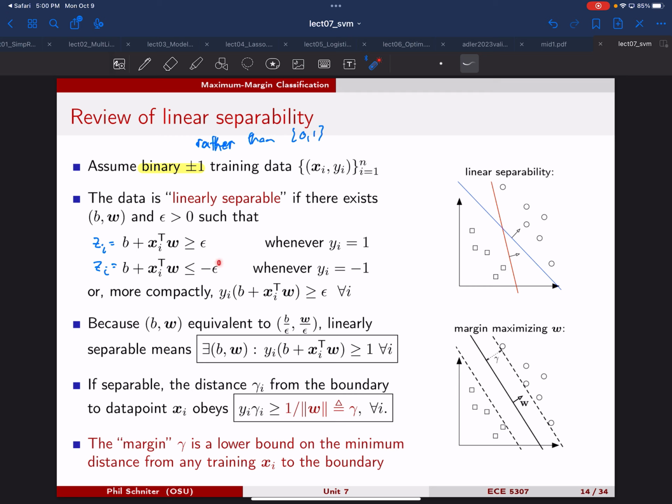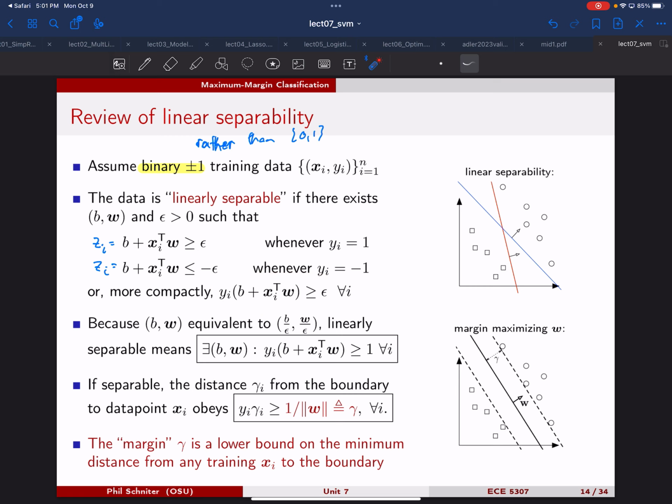But if I multiply this by y_i when it's minus 1, then the sign of the inequality changes, and the sign of this changes too. And so essentially we can put both of them together as this inequality. So we're saying there exists a b and a w and some constant epsilon such that this holds for all your training samples.